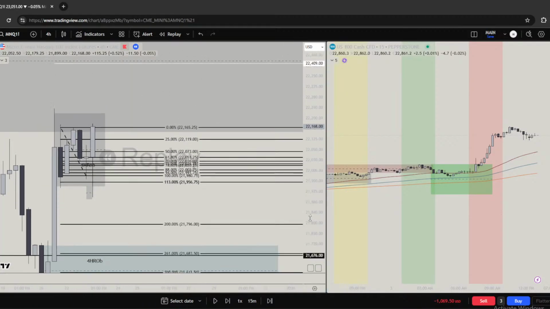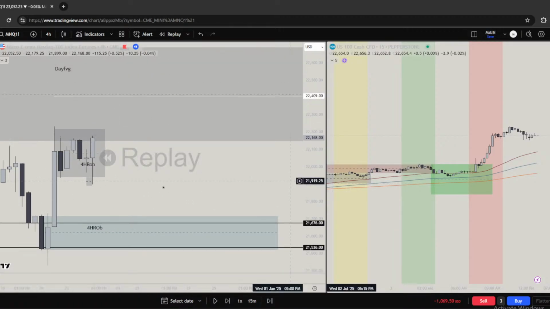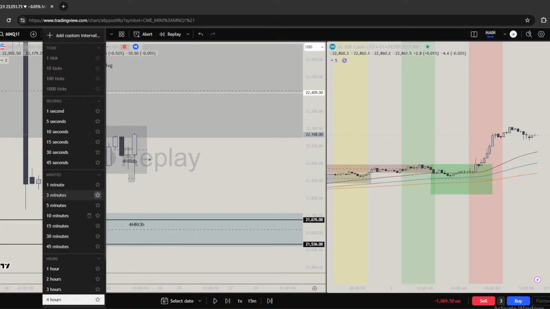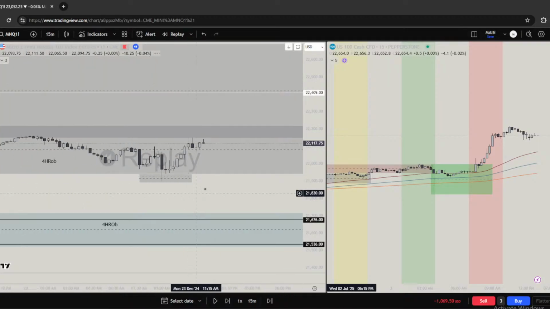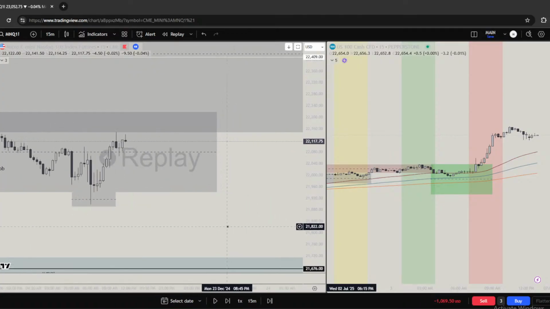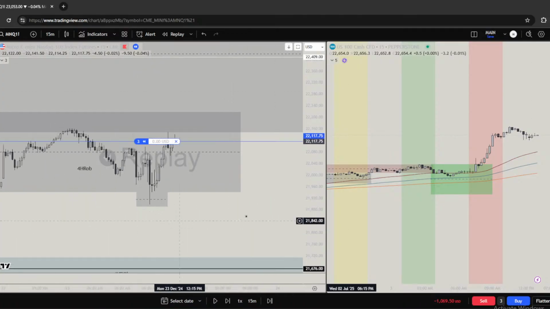Check out the 113. Okay, so that's how I can tell how far price is gonna go down into this PDO range. Okay. I'm back in this.